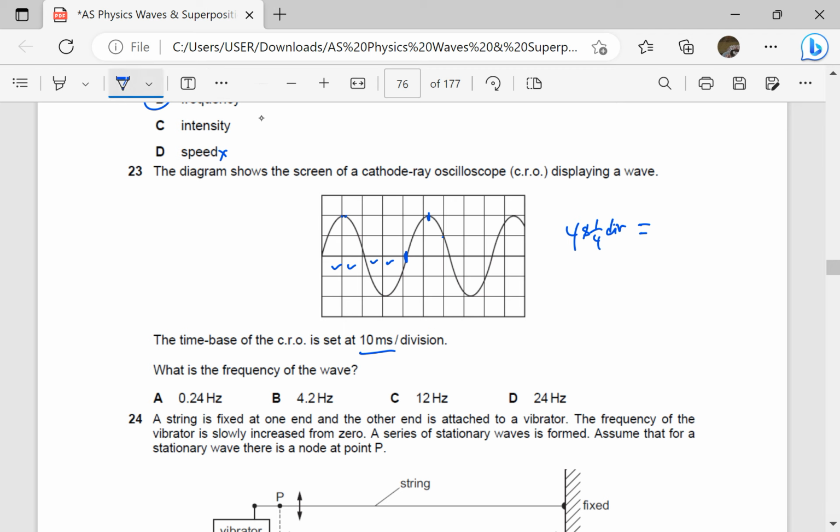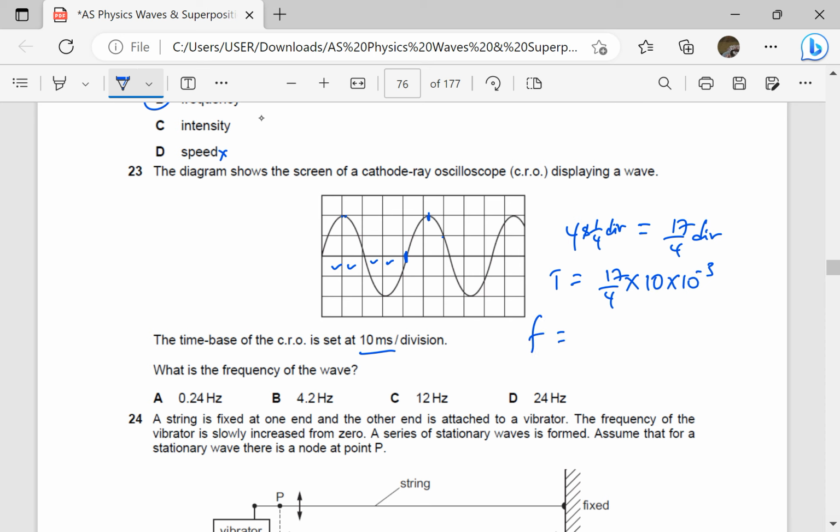So one cycle is represented by 4 and a quarter divisions, which is 4 times 4, which is 16, 17 over 4 divisions. We shall just round off one of these values. So the period is going to be 17 over 4 times 10 times 10 to the power negative 3.